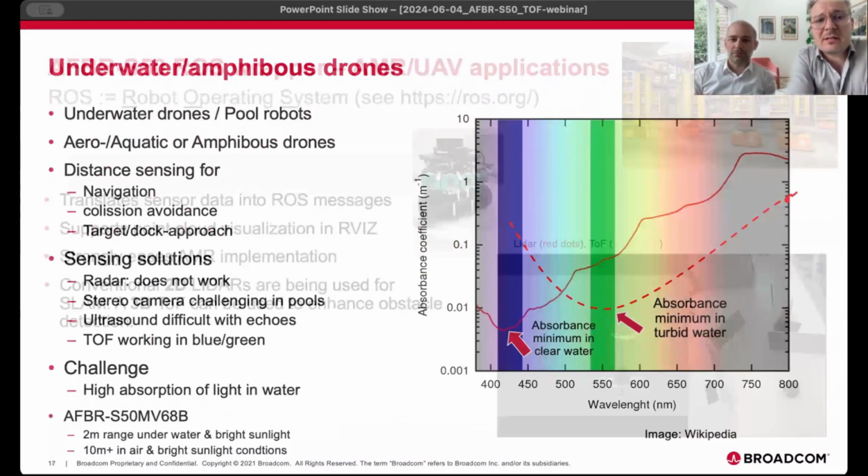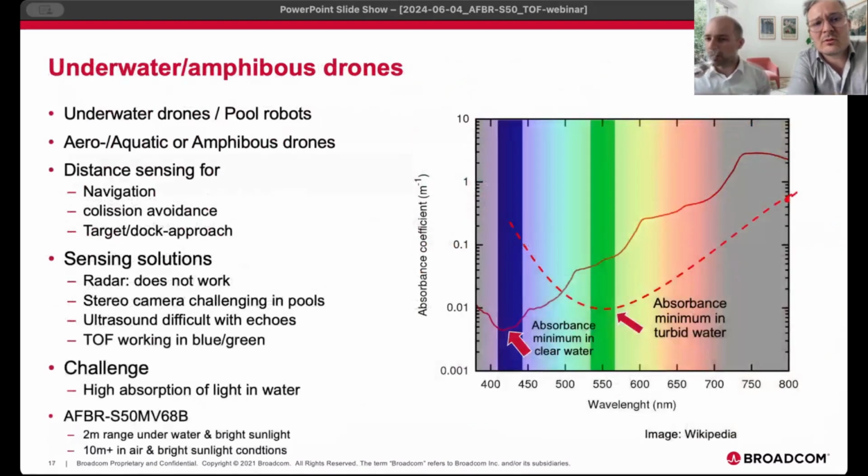Another quite interesting field when it comes to autonomous vehicles is underwater or amphibious drones. With global warming, people need to clean their pools, so we see an increased demand for this kind of vehicle.